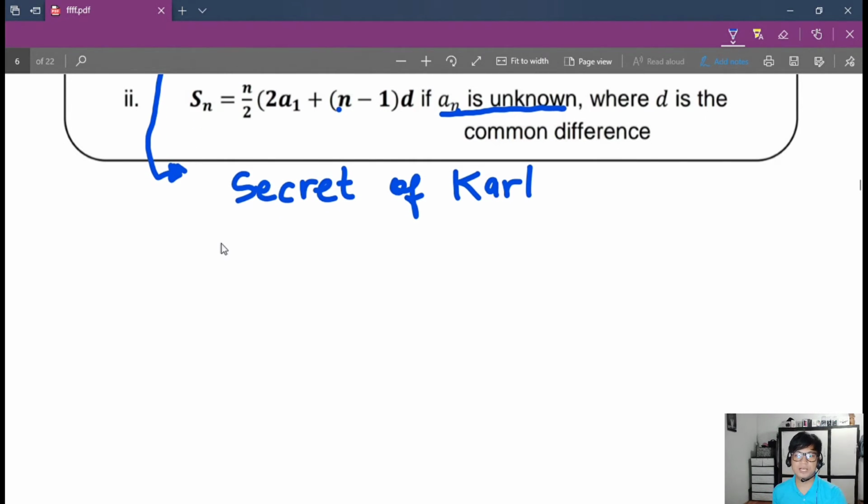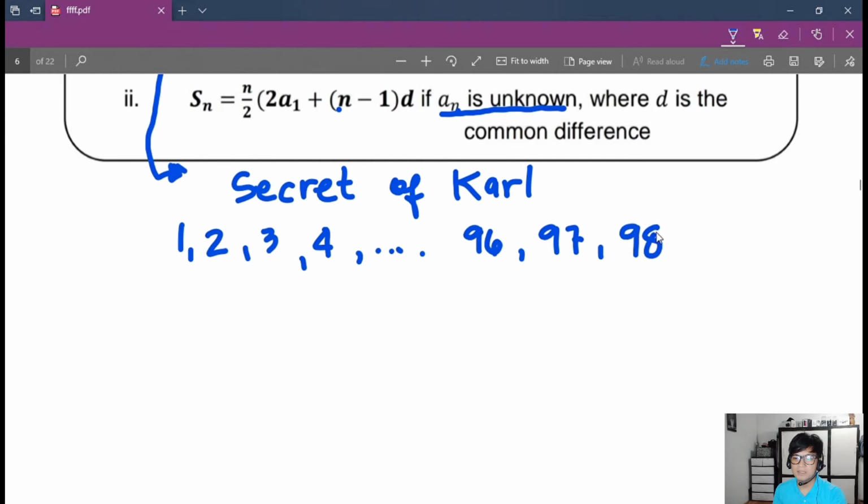So, ang sabi ng teacher, okay class, find the sum of numbers 1, 2, 3, 4, up to 96, 97, 98, 99, 100. So, yun yung instruction ng teacher nila.